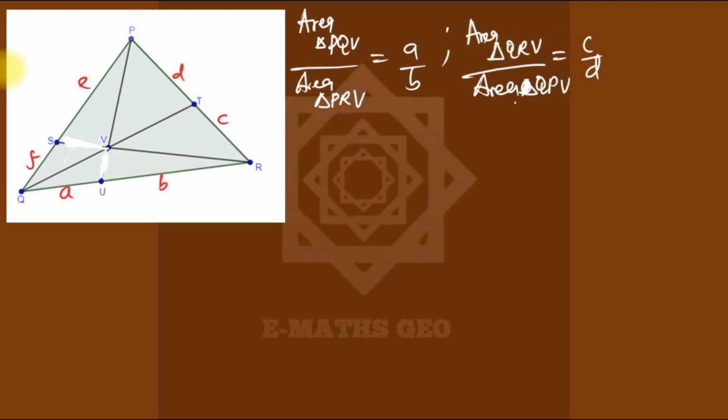Let's wipe again and check. Now the ratio of the area of triangle RPV to the area of triangle RQV.